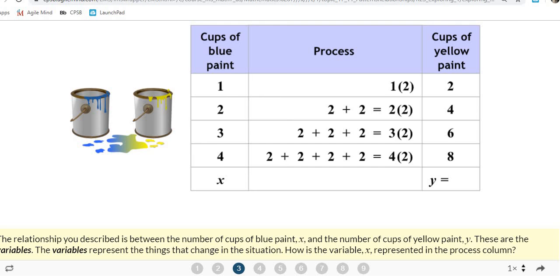In this case, X is representing cups of blue paint and Y is representing cups of yellow paint. So I'm using this table to help me come up with an algebraic expression to help solve this for any amount of cups of paint that I have.